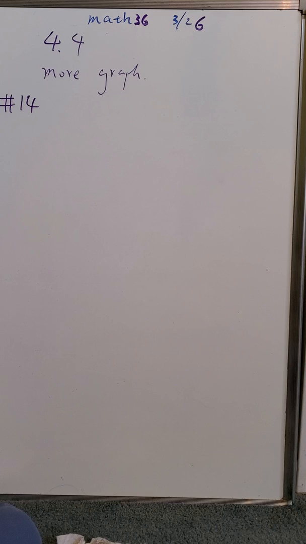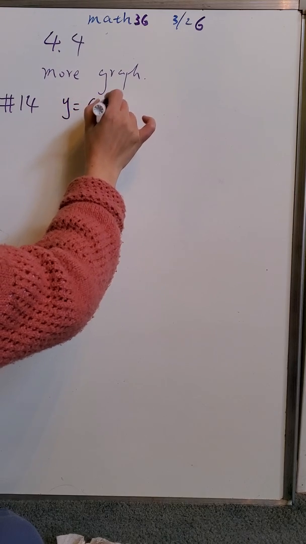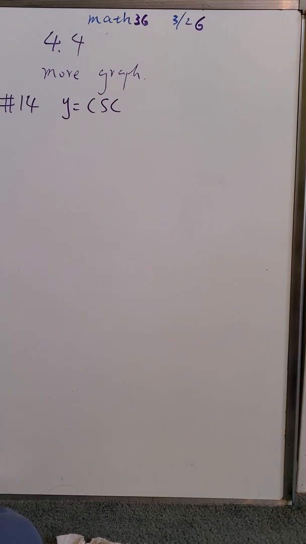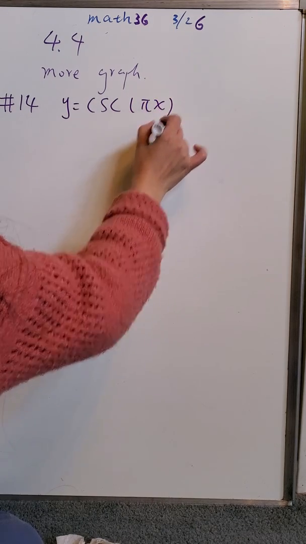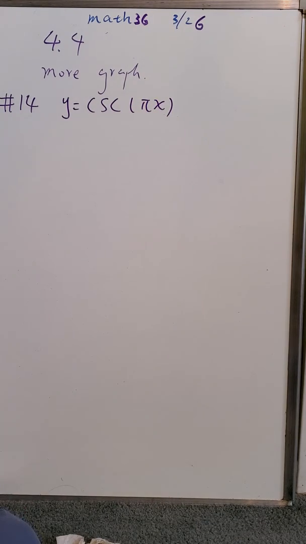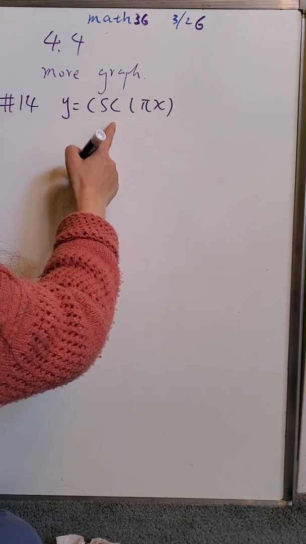We're going to learn how to graph y equals cosecant pi x. And to graph this one, we basically graph a sine first. We know that cosecant is the same as 1 over sine.